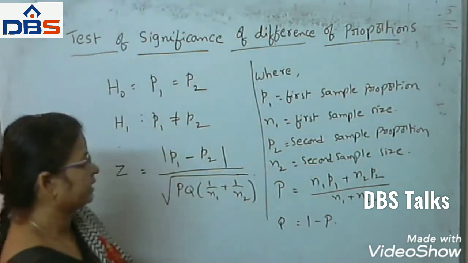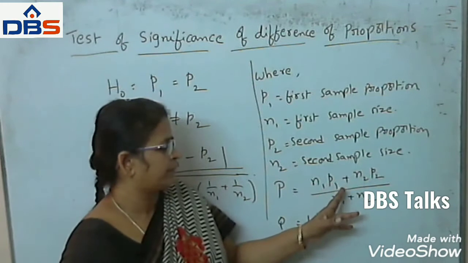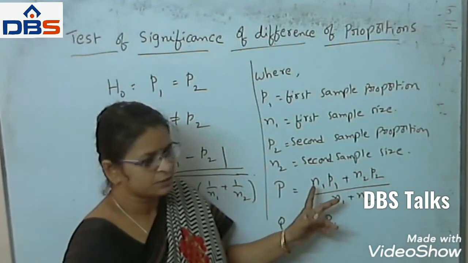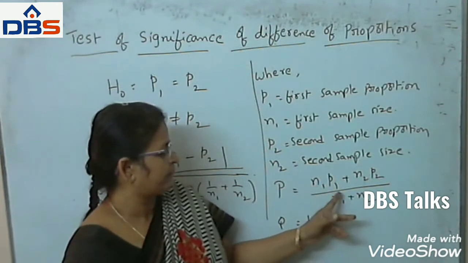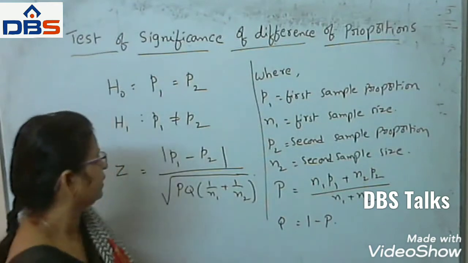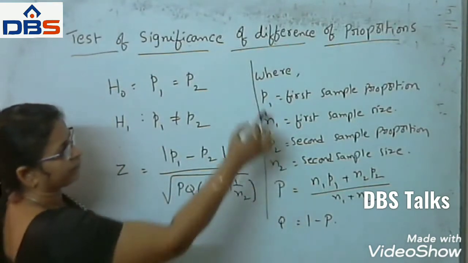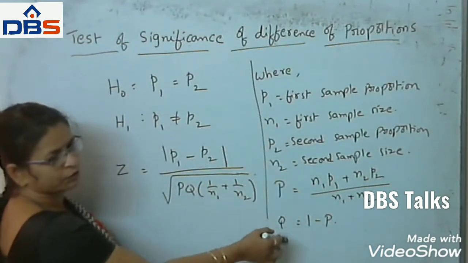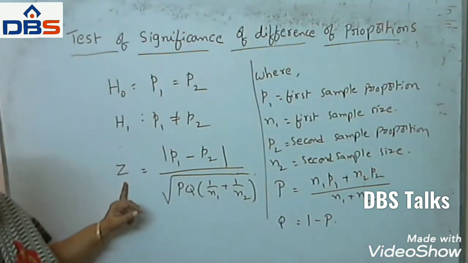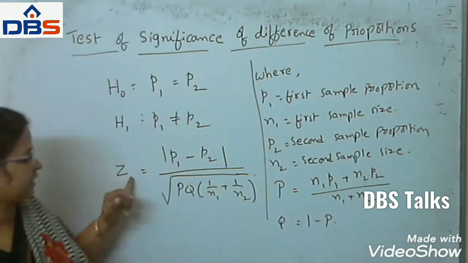Some authors take N1 minus 1 into P1 plus N2 minus 1 into P2 also. Anything is okay. So using all these values, P1, N1, P2, N2, P, Q, we will find the test statistic Z value.